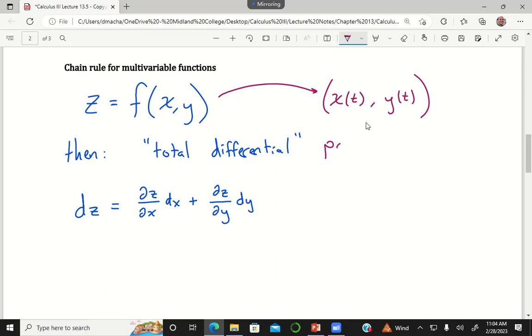So I have some parameter t, and if you tell me what the value of t is, then I can calculate the corresponding value of x and the corresponding value of y for that value of t. And then having known the values of x and y at that particular value of t, I would use x and y to calculate the value of z.